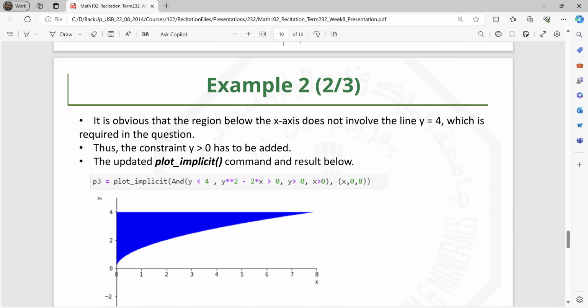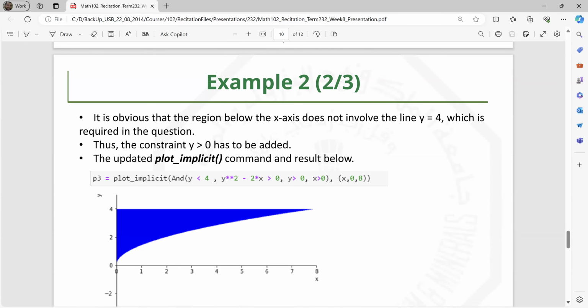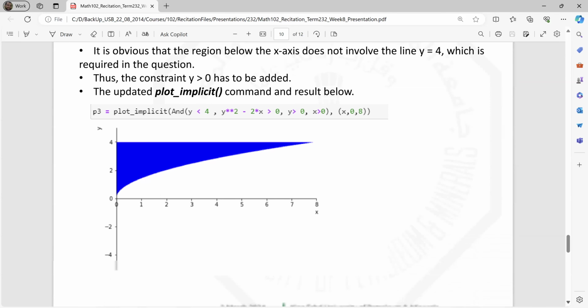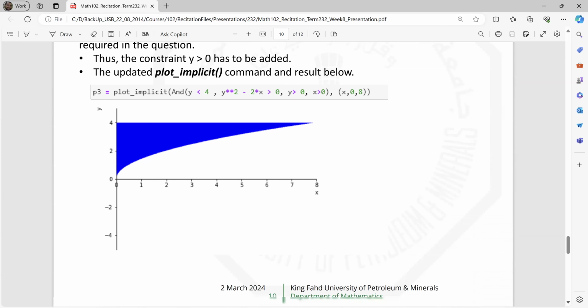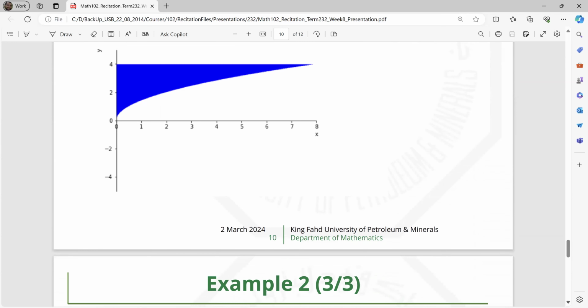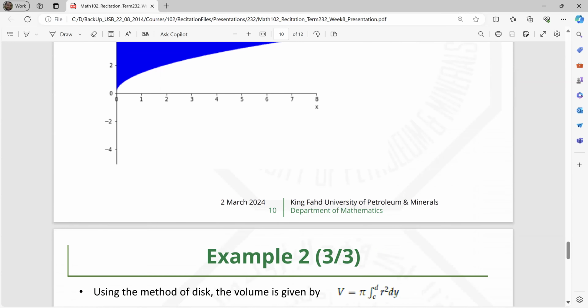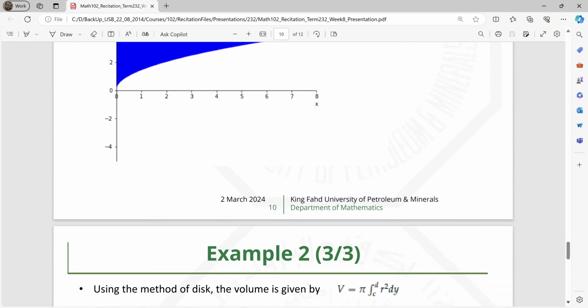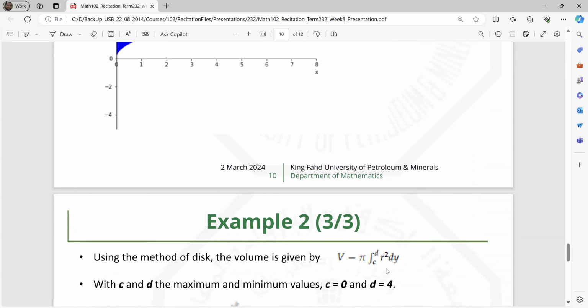So now that we are all set, we understand that since we are having a vertical rotation, the integration would be with respect to the y variable. So we'll use the disk method, and here is the formula we'll use with respect to y.